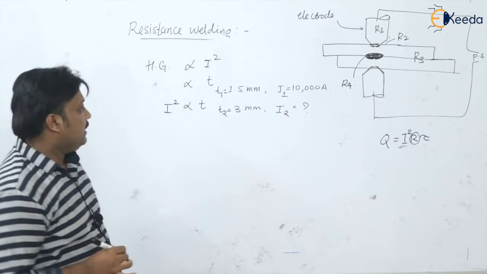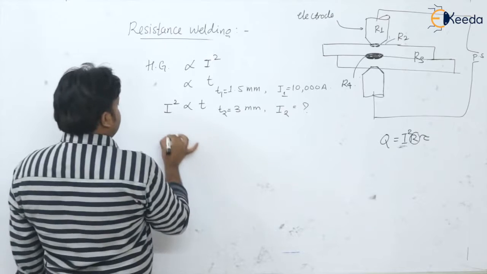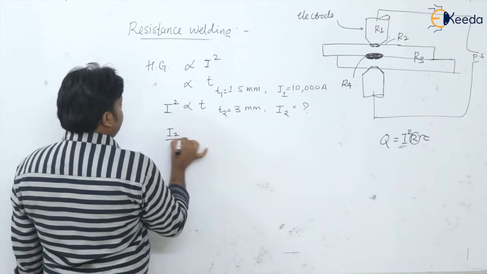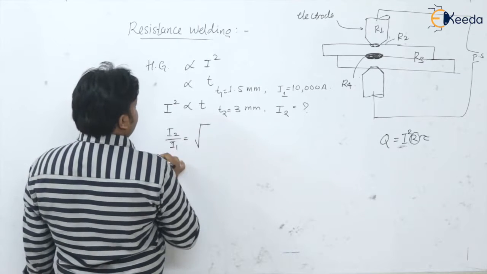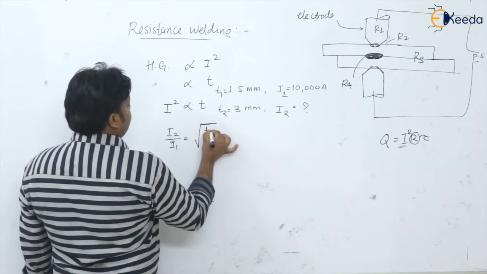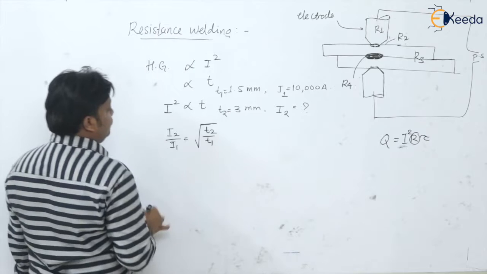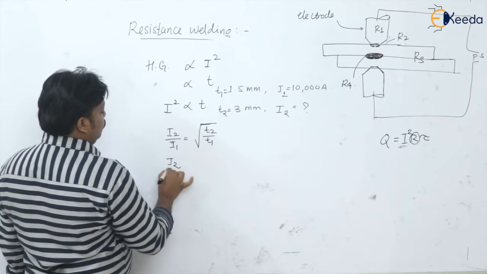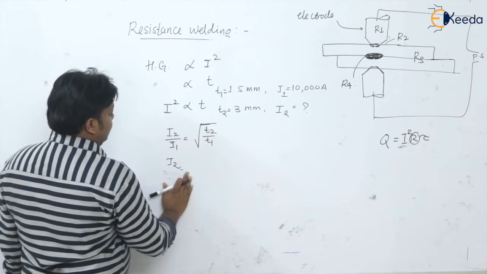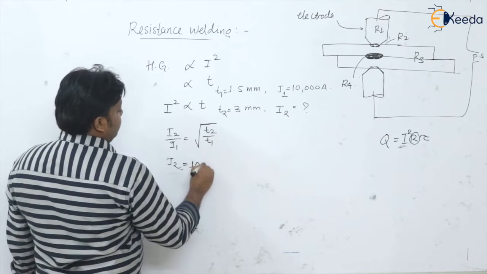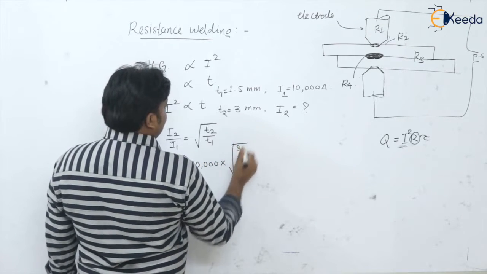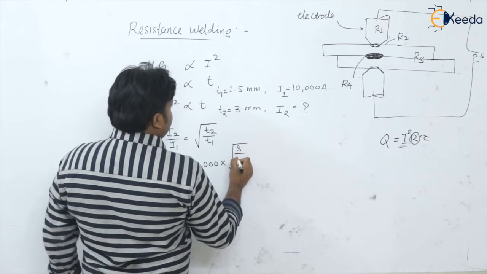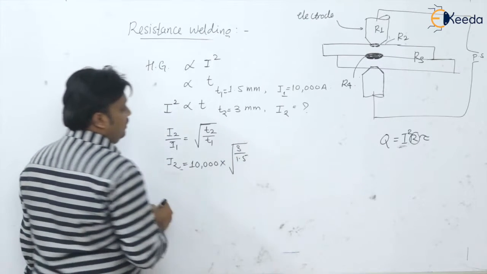Very easily we can calculate that I2 divided by I1 will be equal to under root of T2 divided by T1, directly proportional. So I2 is equal to I1, which was 10,000, into root of thickness T2, 3 millimeter, over the initial thickness, 1.5 millimeter.